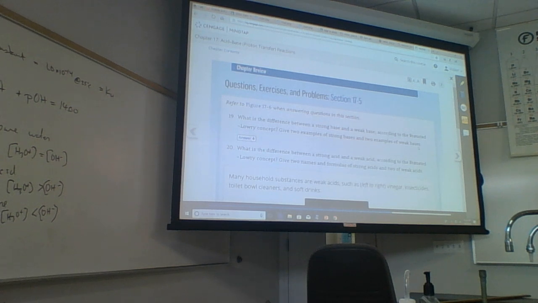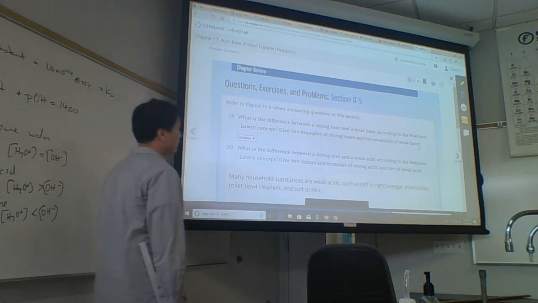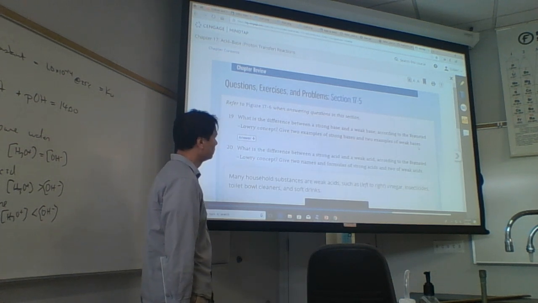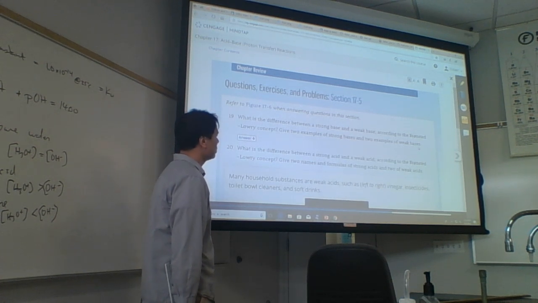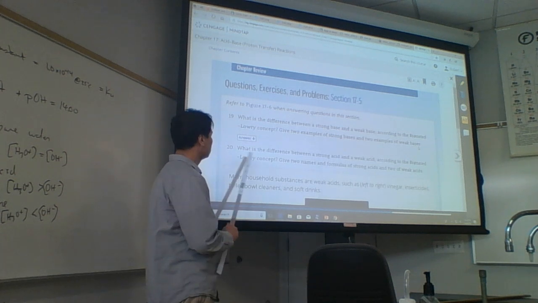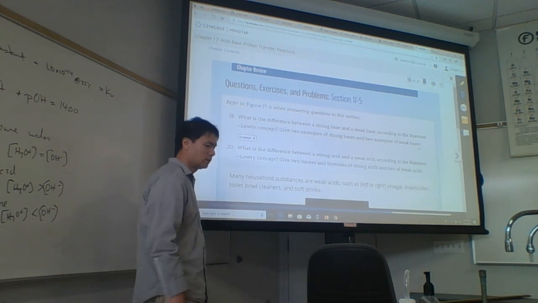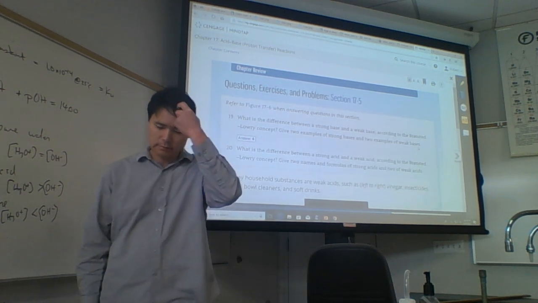Let's take a look at number 19. What is the difference between a strong base and a weak base? Or what is the difference between a strong acid and a weak acid? The Bronsted-Lowry.